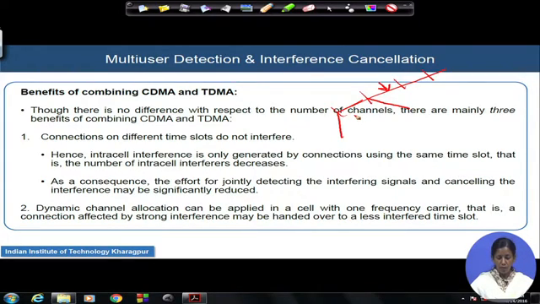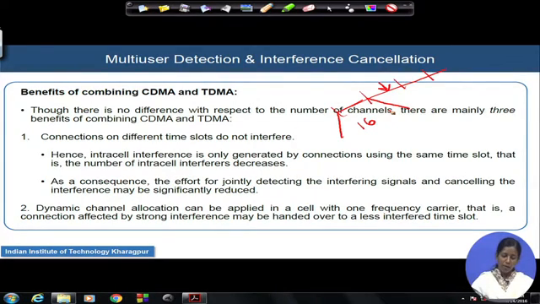The effort of jointly detecting the interfering signals and cancelling them is still there, but its dimension has reduced. Earlier it was 256 and now it is only 16, because only 16 code channels are available per time period, whereas earlier there was no time division, so all 256 code channels were available all the time.